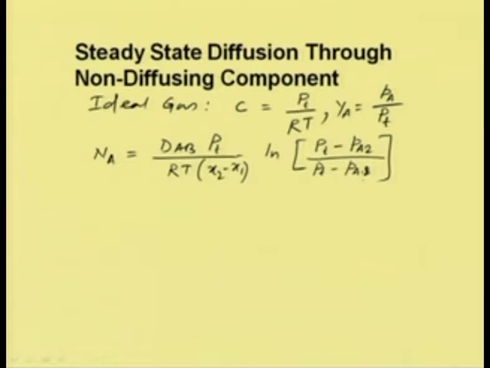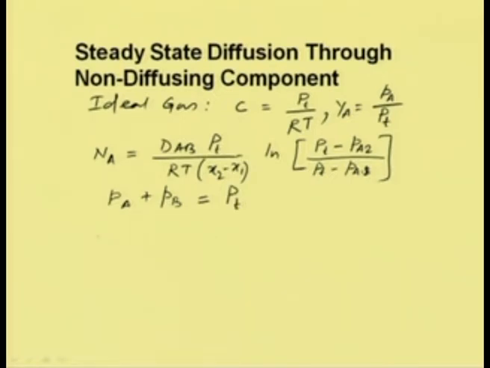So, P_A1 and P_A2 are the partial pressures at locations 1 and 2, and for binary gas mixtures we know that P_A plus P_B at any location will be the total pressure.